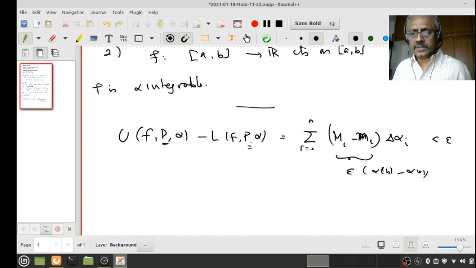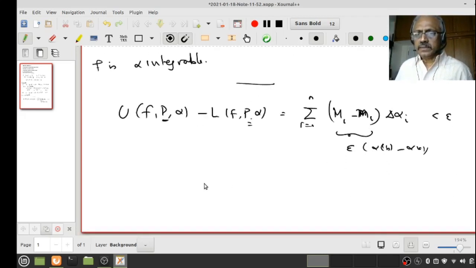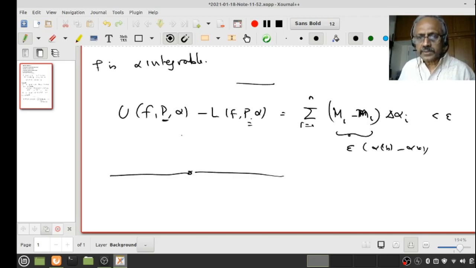Now the second thing is, there may be cases where things are very bad at certain points, so whatever partition P I choose, I may not be able to control M_i minus m_i. Do you remember our example? Here it was 10, here it was 1, here it was 2, and at 0.